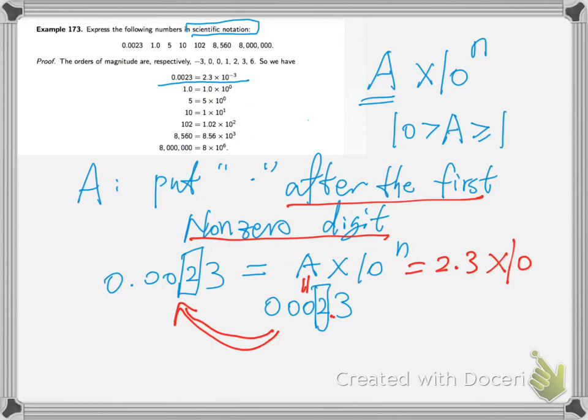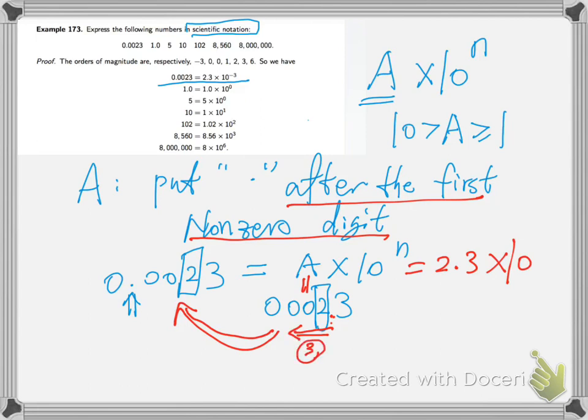You see, in the given number, this is the decimal point. It's between the first two zeros. In a, the decimal point is between 2 and 3. So we will move the red decimal point to the left 3 places.